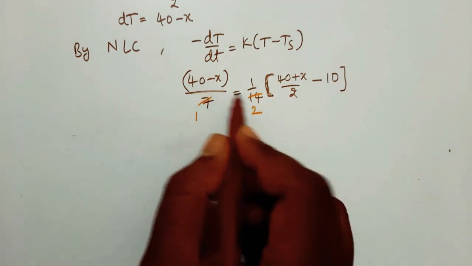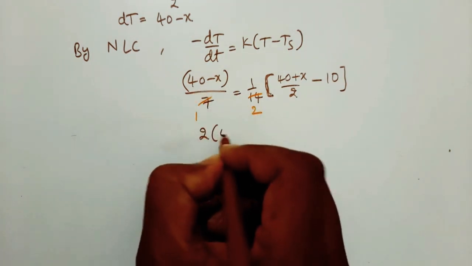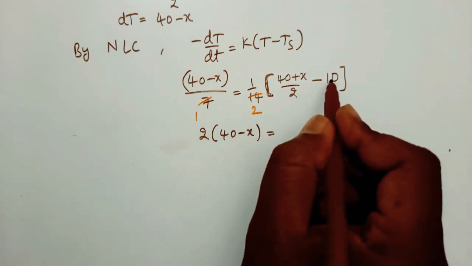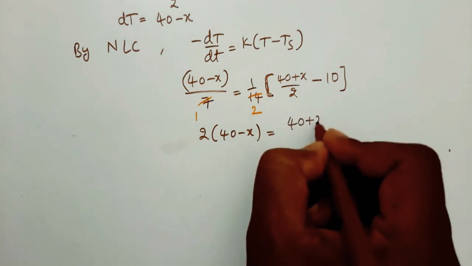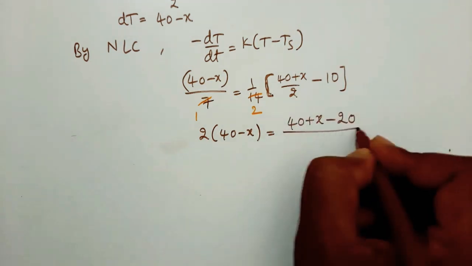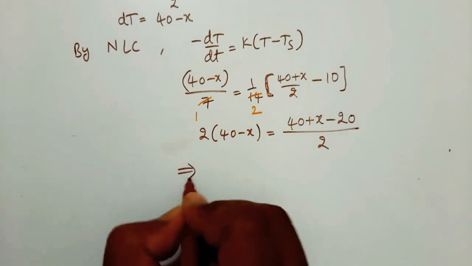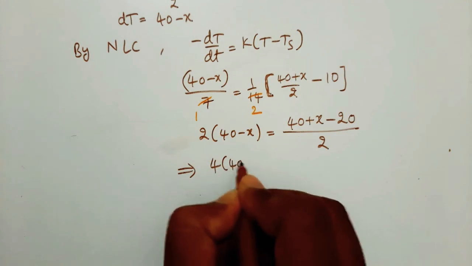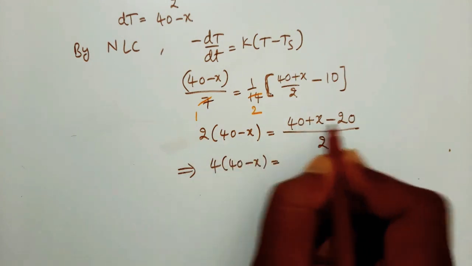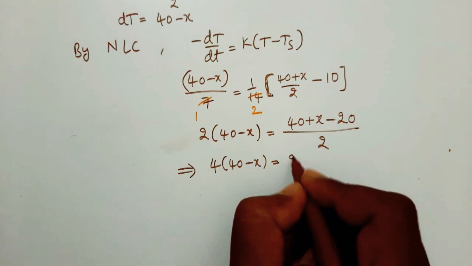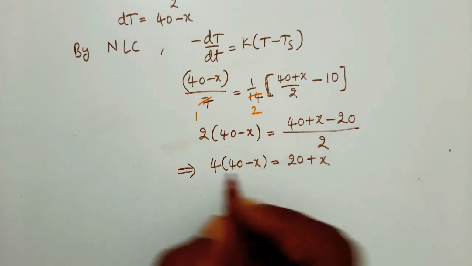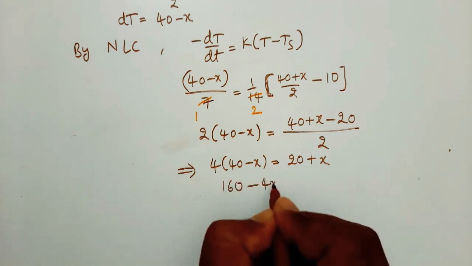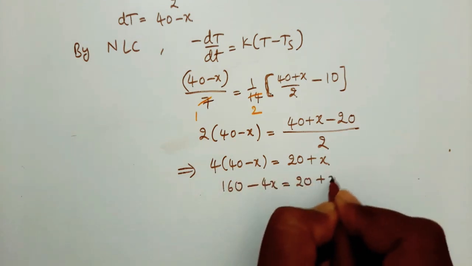If we cross multiply, we get 2 into (40 minus x) is equal to (40 plus x minus 20) by 2. From this we can get 2 into 2, that is 4. 4 into (40 minus x) is equal to 40 minus 20, so that is 20 plus x. So here 4 fours are 160, minus 4x is equal to 20 plus x.